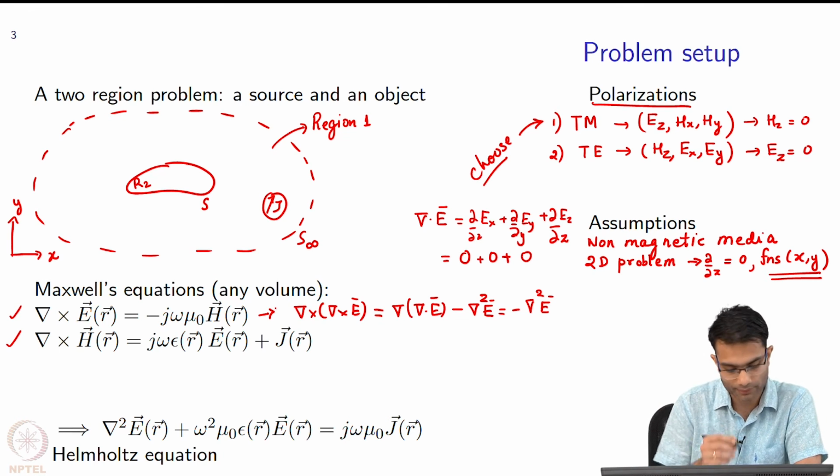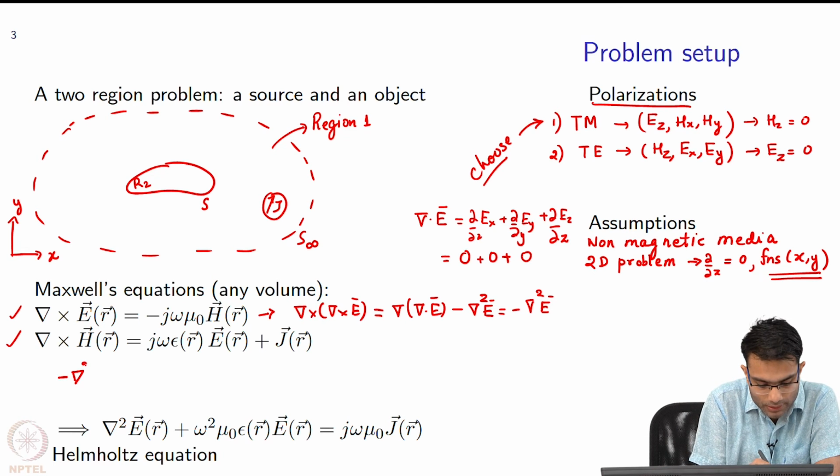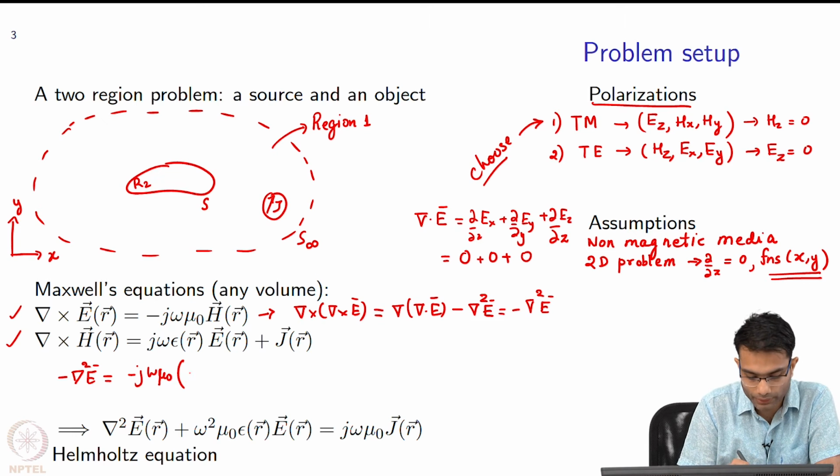Similarly, I will take the curl on the right hand side as well. So, what will I get? I will get minus del squared E from the left hand side, and the right hand side will become minus j omega mu naught into curl of H, and curl of H is j omega epsilon r E plus J, right.